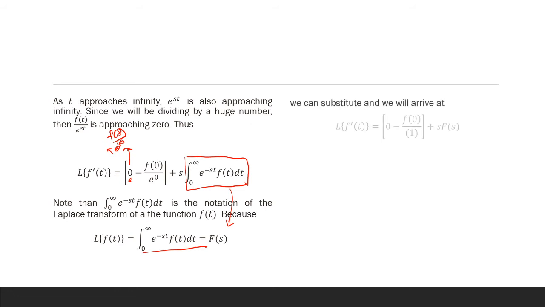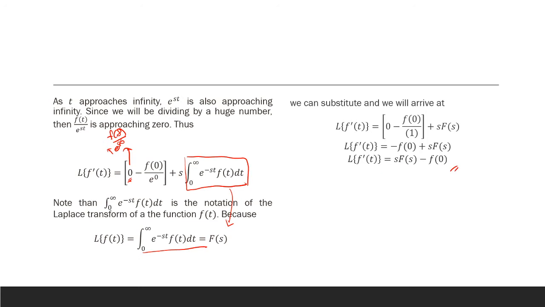So therefore, ang kakalabasan ng equation natin will be, we have the Laplace transform of f prime of t is equal to negative f of 0 plus s times F of s. So, ayusin natin, we will have s F of s minus f of 0. Now, this is our Laplace transform for the derivative f prime of t.